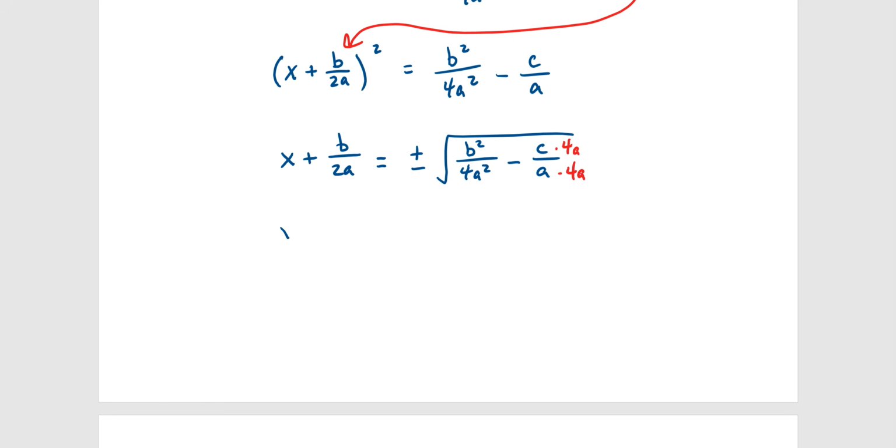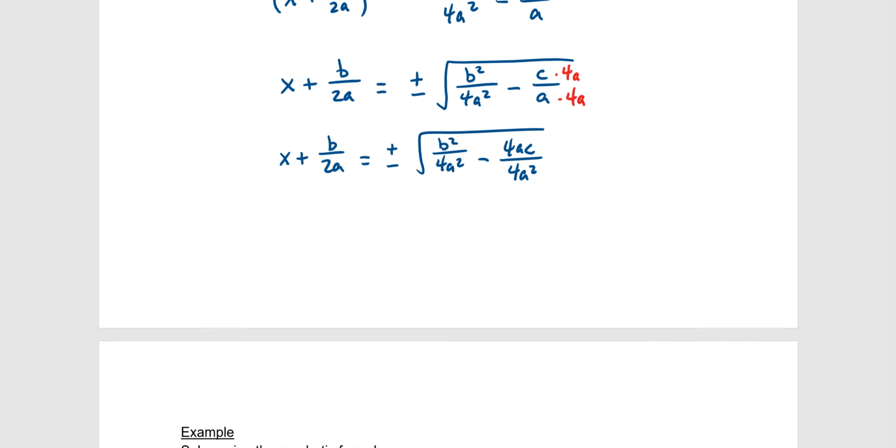So what we're going to end up getting is x plus b over 2a equals plus or minus b squared over 4a squared minus 4 times a times c all over 4a squared. And now we can combine those terms under the radical into one fraction. They have common denominators, so all we have to do is subtract the numerators and put them over that common denominator.